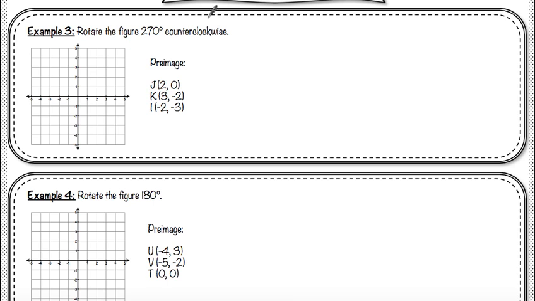This is the same thing as rotating the figure 90 degrees clockwise. 270 counterclockwise is the same thing as 90 degrees clockwise. So I like to think of it in terms of 90 degrees because that's only a 1/4 turn.